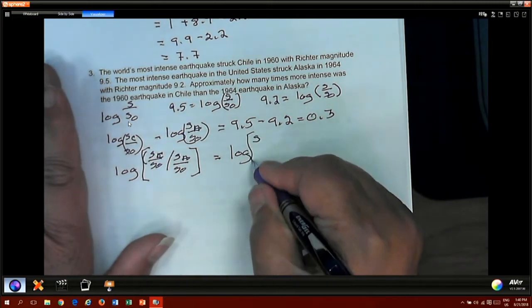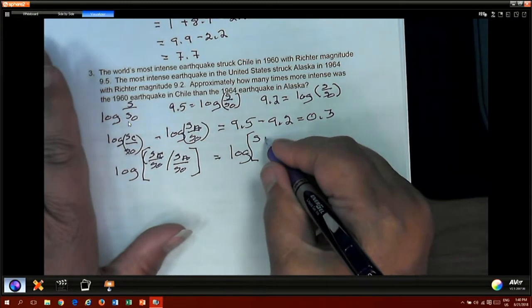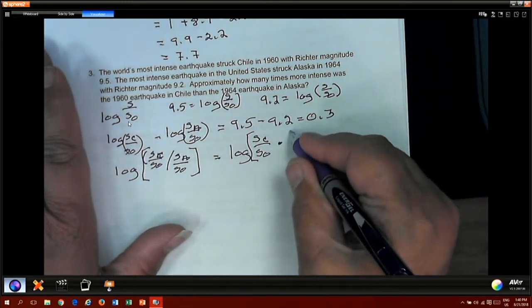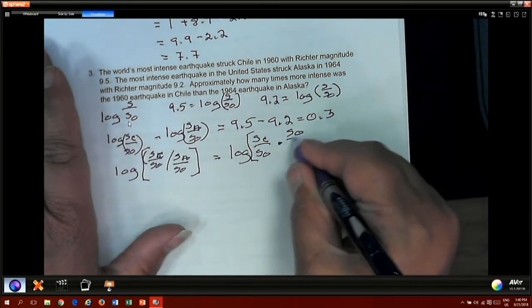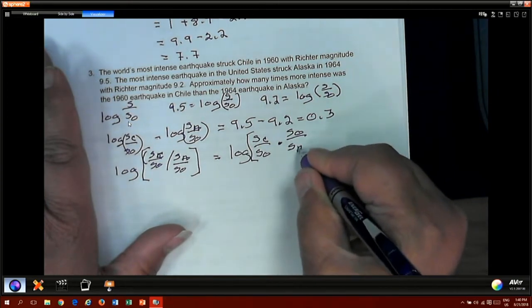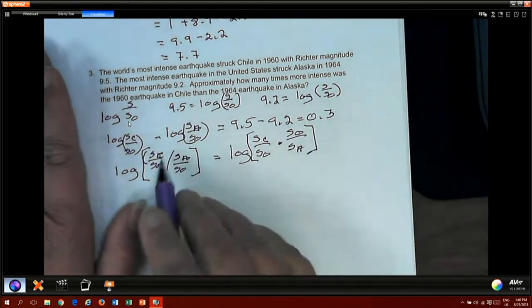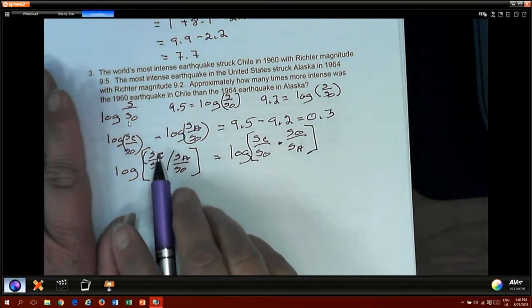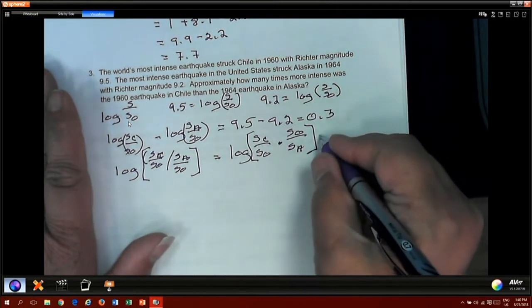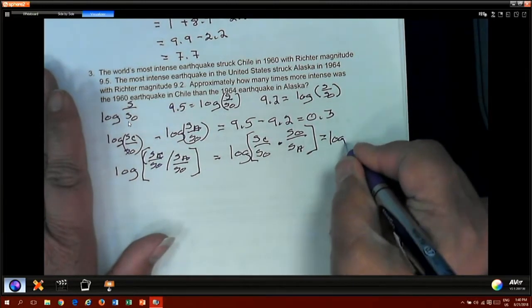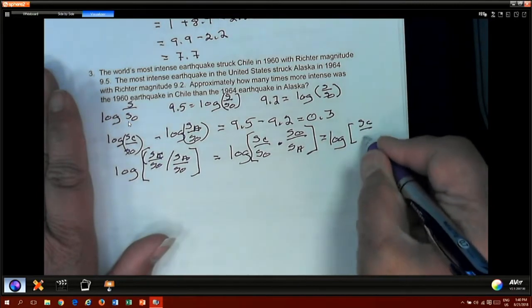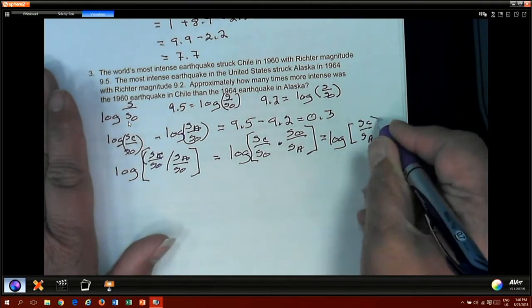Well, let's work it out. I'm not going to skip any steps. Chile over the minimum times S sub 0 over S sub A. Because remember, we're dividing fractions, so it's keep, change, flip. So this is the log of S sub C over S sub A.